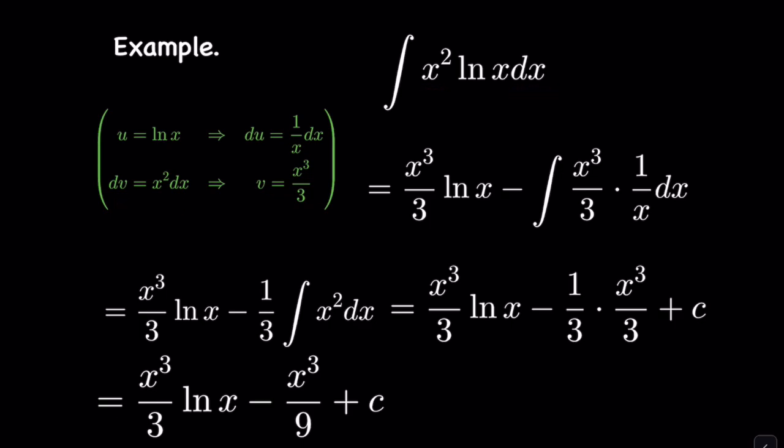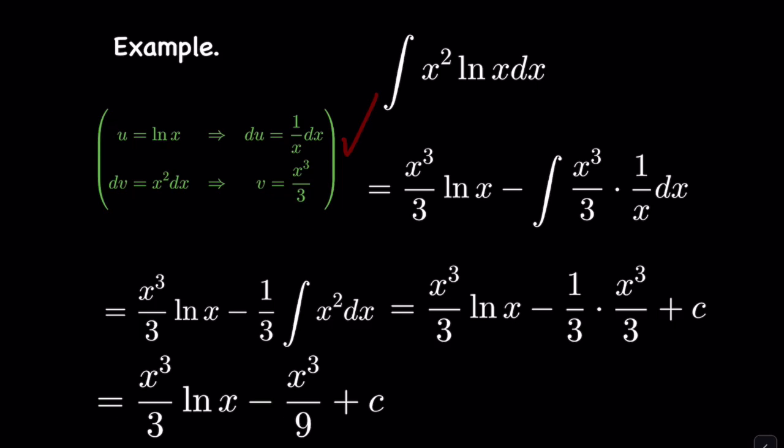The next step is to compute du here and to find an antiderivative for v here. So basically for x squared dx. Du is going to be the derivative of natural log of x, which is 1 over x, multiplied by dx. And v just becomes an antiderivative for x squared, which is x cubed divided by 3.